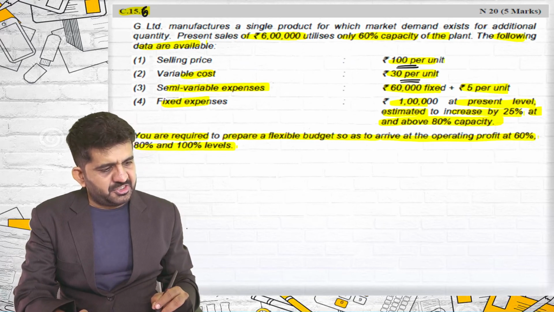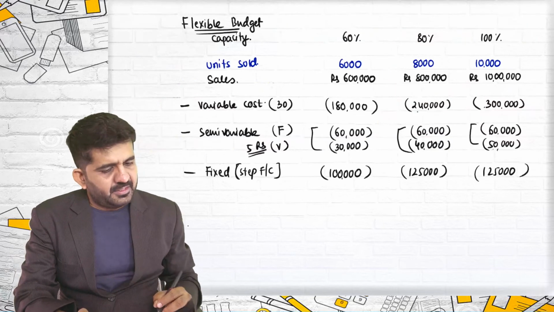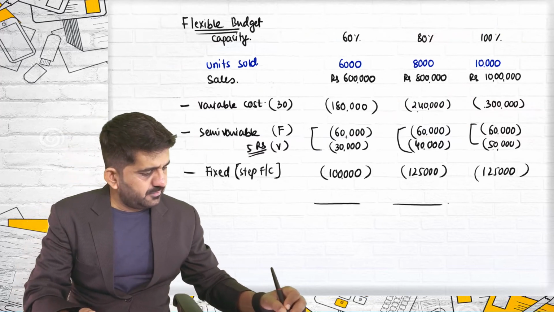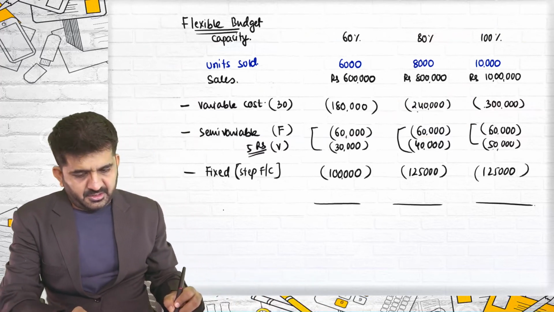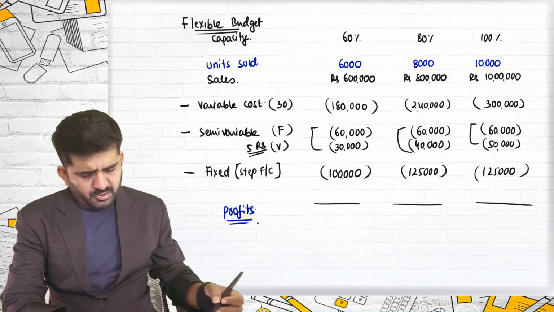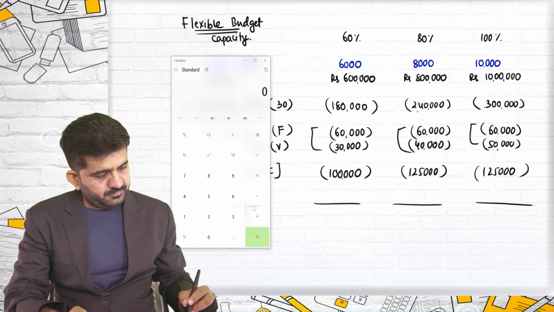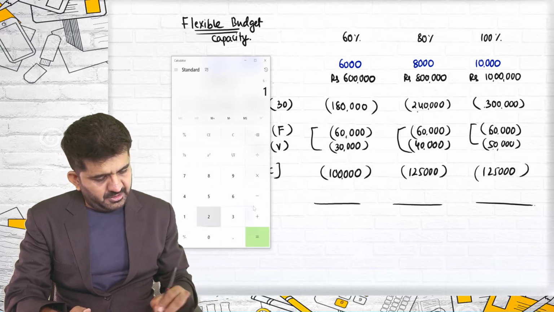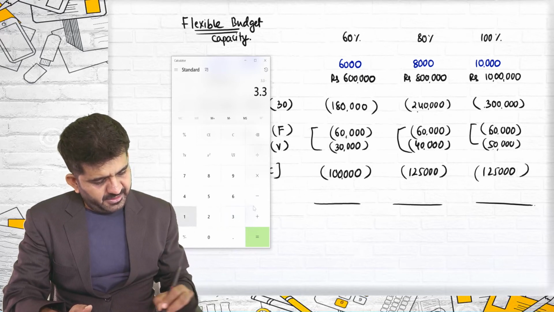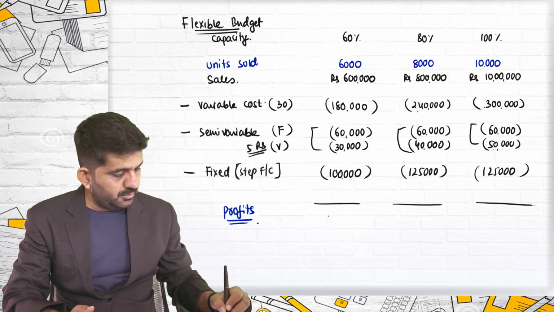All the expenditures I have considered, sales minus variable cost minus semi-variable minus fixed, will be nothing but my profits. You just need to calculate the total. It is 6 lakhs minus 1.8 lakhs minus 0.6 lakhs minus 0.3 lakhs minus 1 lakh. It is 2,30,000.